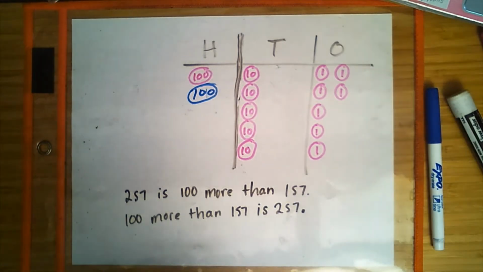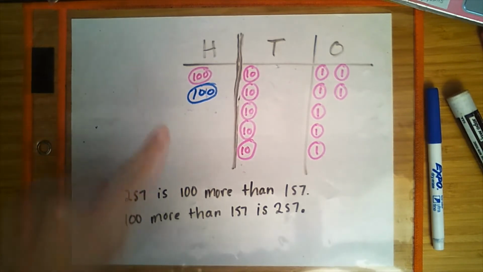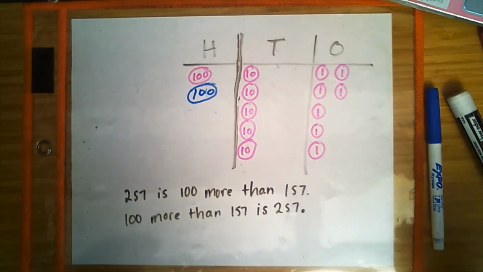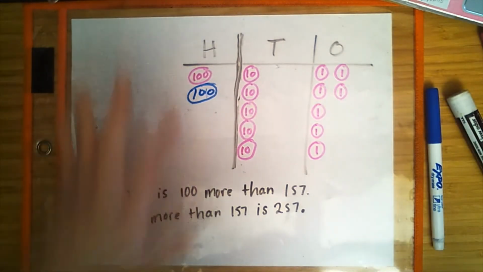What did we do to change 157? We added another 100. We added 100 to 100. Let's be a little bit more specific than that. Where did we add the 100? Yeah, we added it to the hundreds place.